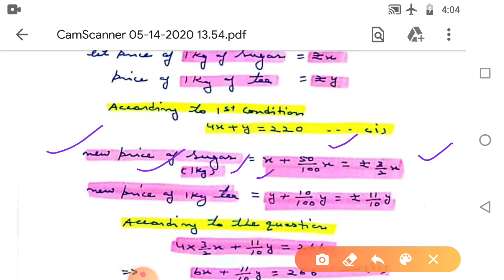And the price of tea increases by 10%, so y plus 10% of y, that is y plus 10 upon 100 into y, and ultimately it comes 11 by 10 y. So the new price of 1 kilogram of sugar is 3 by 2x, and the new price of 1 kilogram of tea is 11 by 10 y.